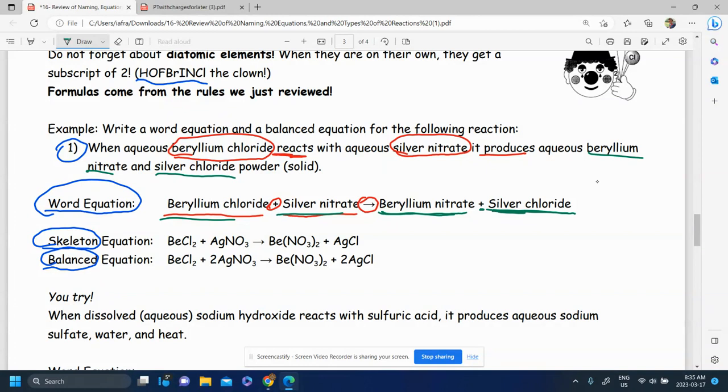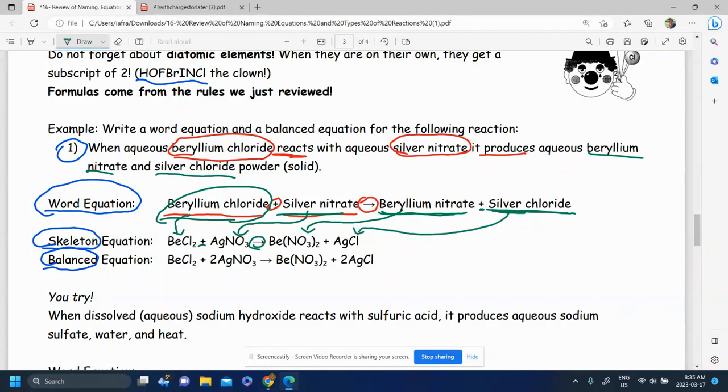And so all we do is we do the crisscross rules or the rules with the prefix, depending on what type of compound you have, to convert them to their formula. So beryllium chloride is this. Keep the plus where it is. Silver nitrate is this, so that was crisscross. Put your arrow, keep the arrow where it is. Beryllium nitrate is this by crisscross, and silver chloride is this by crisscross.